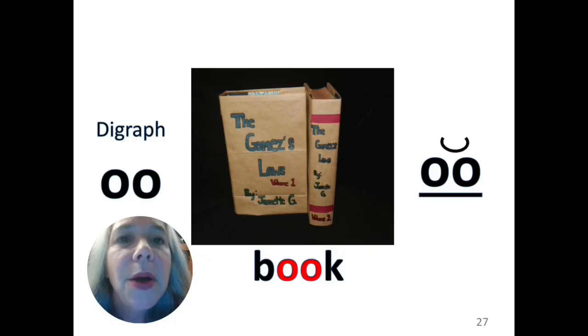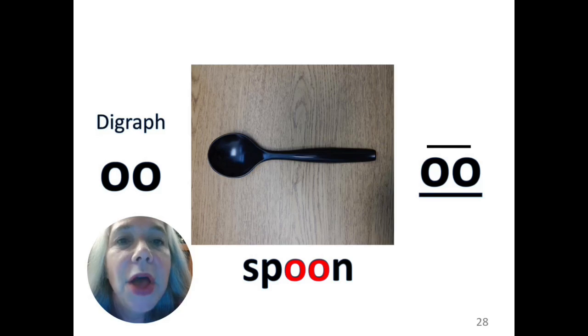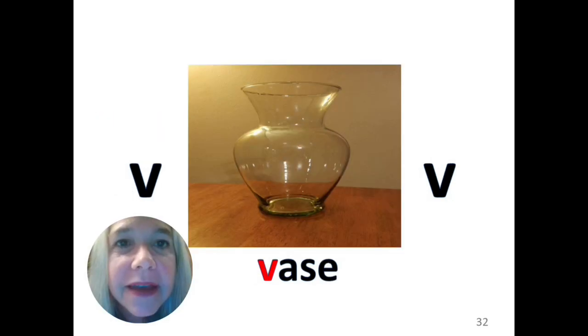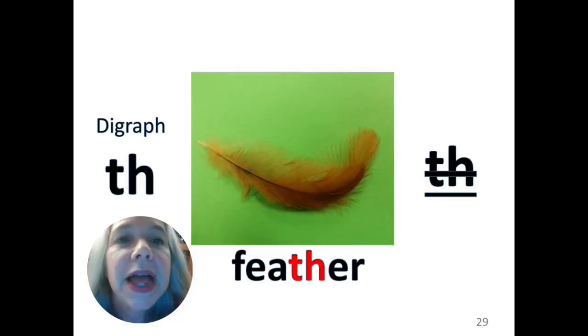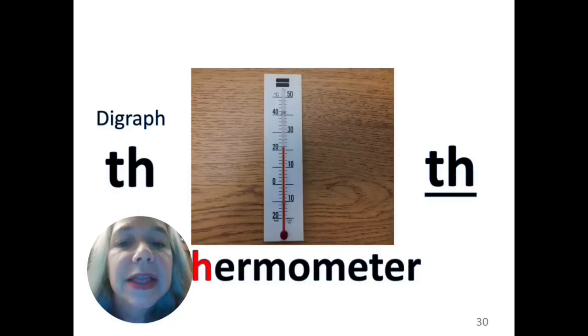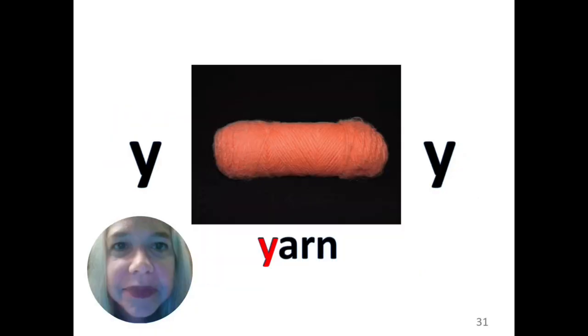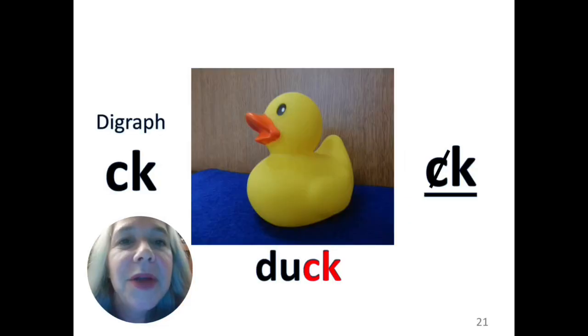Digraph oo, book, oo. Digraph oo, spoon, oo. Digraph th, vase, th. Digraph th, feather, th. Digraph th, thermometer, th. Y, yarn, y. Digraph ck, duck, k.